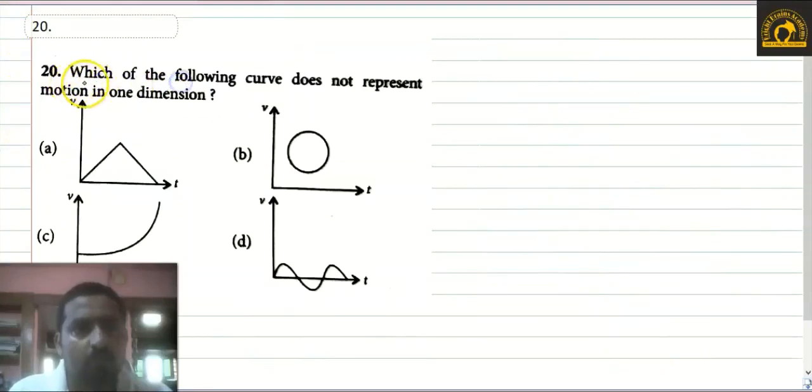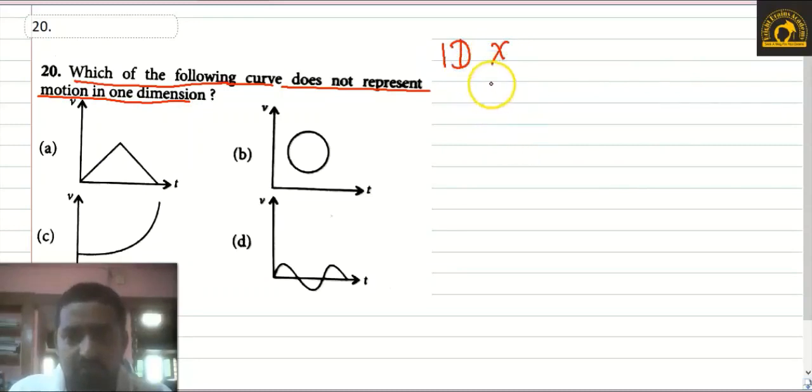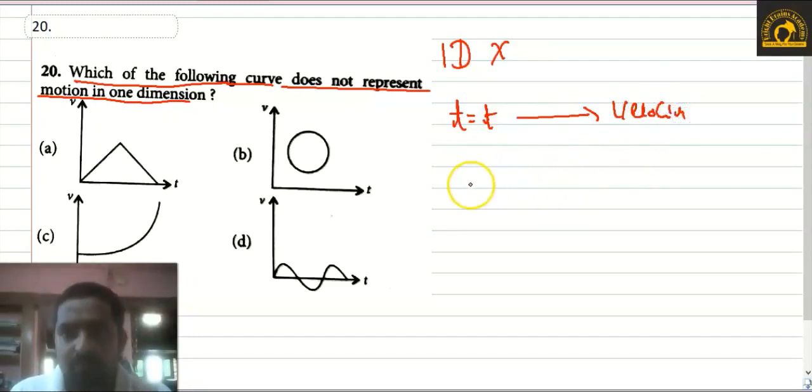So, which of the following curves does not represent motion in one dimension? The graph is not one dimensional. So let's see. With a single time, there is only one velocity.